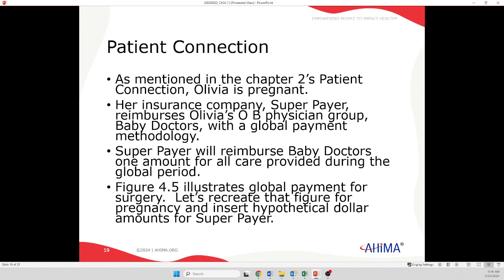All right, what's the difference between bundled and case rate? Remember, they were real similar. Bundled has a trigger and it follows the pathway. Case rate is a set amount.